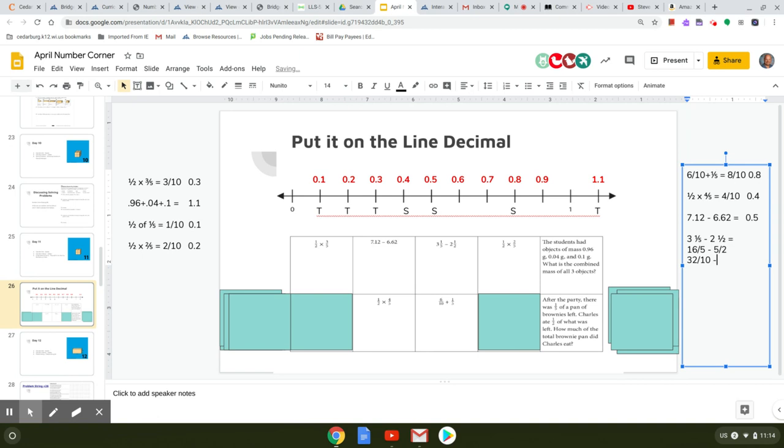And I'm going to subtract, what do I do to my 2 to get 10? I have to multiply it by 5, so I have to multiply my 5 by 5. That's 25/10. Now I can have an answer. My answer is, what is 32 minus 25? 7/10. Is that what you came up with? Or, when we're doing our decimal, 0.7.